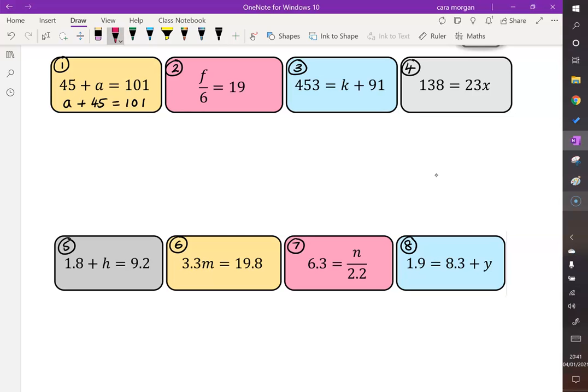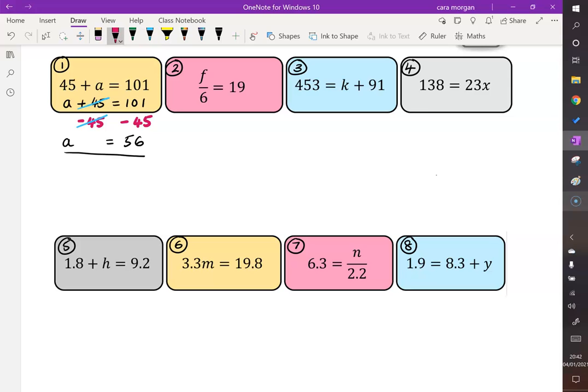But I think I need to subtract 45 from both sides. And if I subtract 45 from both sides, I'm going to be left with a on the left-hand side, and 101 subtract 45 is 56. So I think that a must be 56. Notice that the positive 45 and the negative 45 cancel out there to make 0.